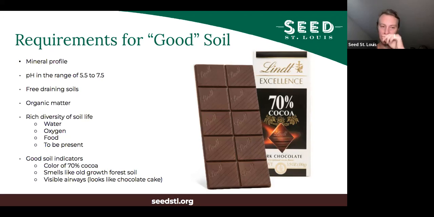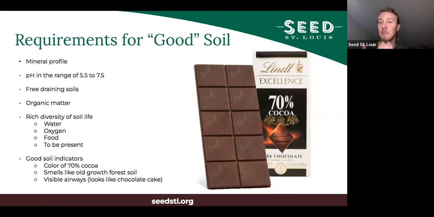So, so that you don't have to pay for all of these tests necessarily, here are some good general indicators. A good color of a really healthy soil is about 70% cocoa. So you get a 70% cocoa bar, and if your soil looks like that, you've probably got really good soil. If it smells like old growth forest soil, that nice earthy smell that everybody intrinsically knows smells good, it's probably good.